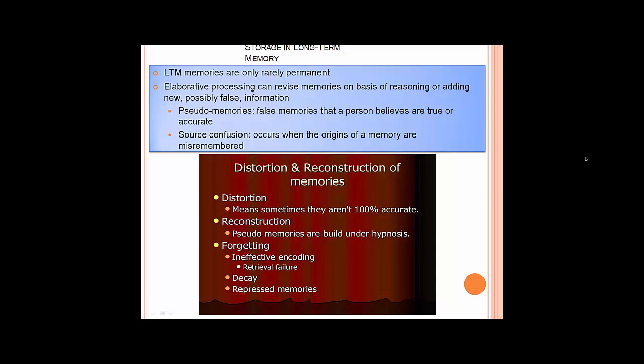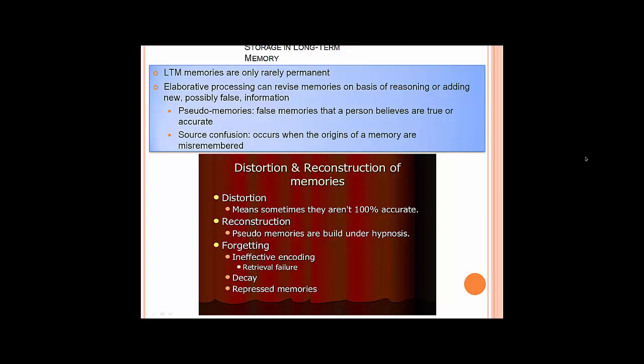We as humans are active elaborative processors, and we revise our memories, sometimes unconsciously, sometimes consciously, on the basis of reasoning, on the basis of new information that we see, especially if it has very high emotional content, by adding many times false information to memories.